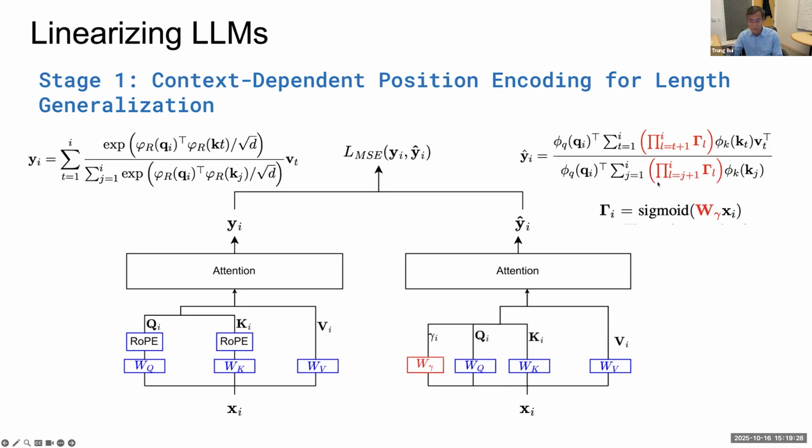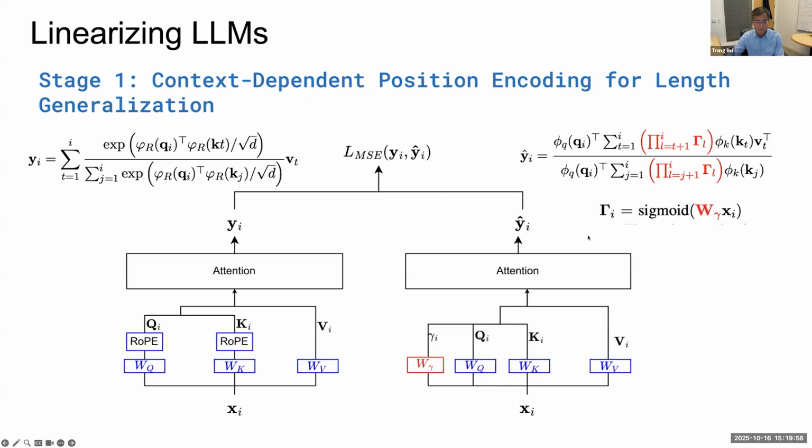This gating mechanism plays a dual role in attention. Firstly, it implicitly captures relative positional information by controlling the decay of past contributions. Unlike RoPE, which relies on predefined sinusoidal patterns, the data-dependent gating factor enables better generalization across context lengths.